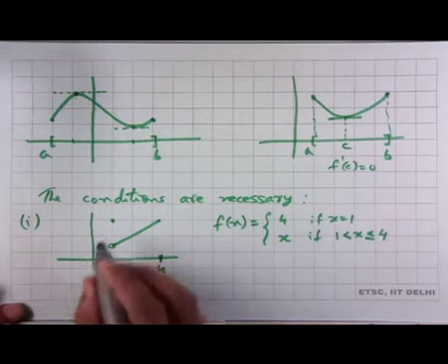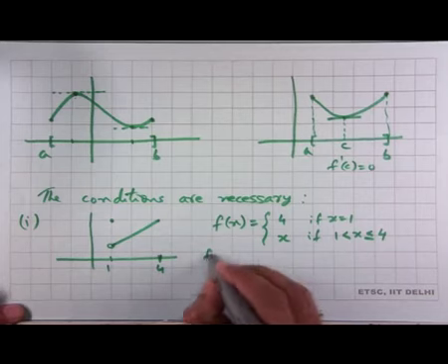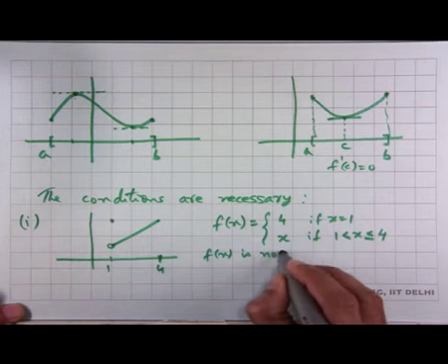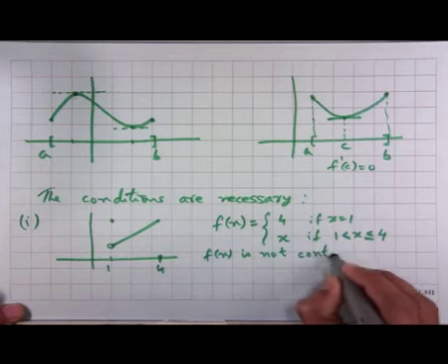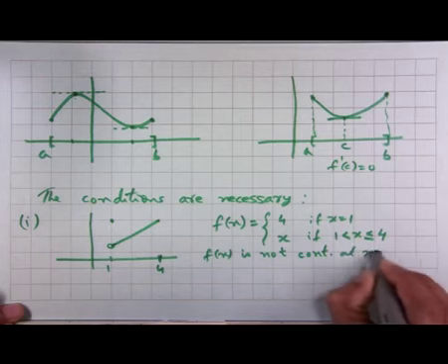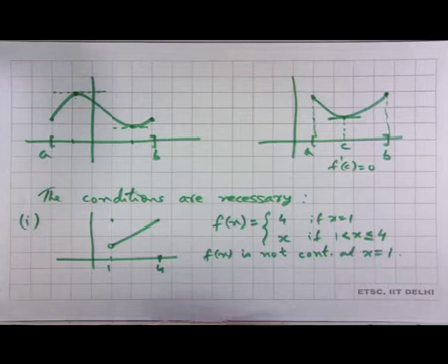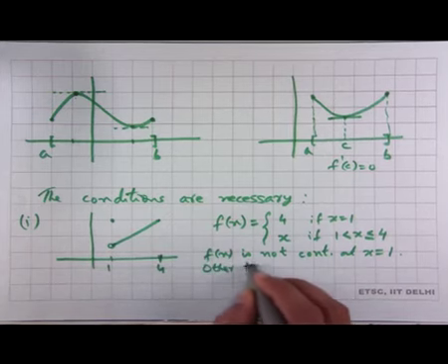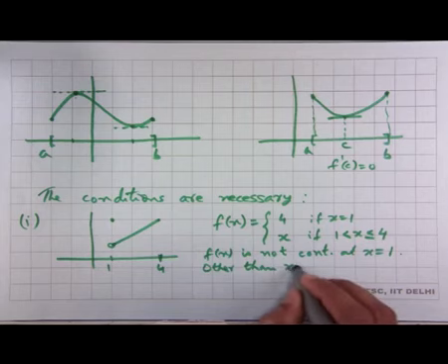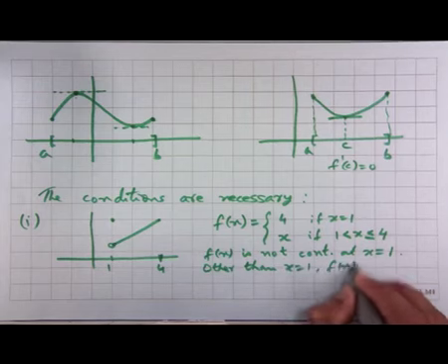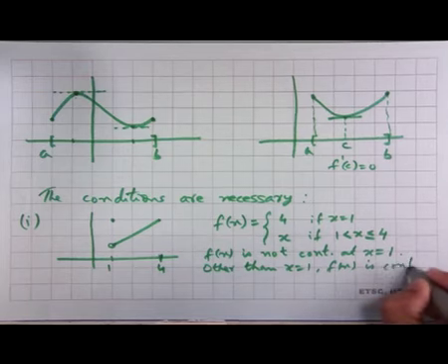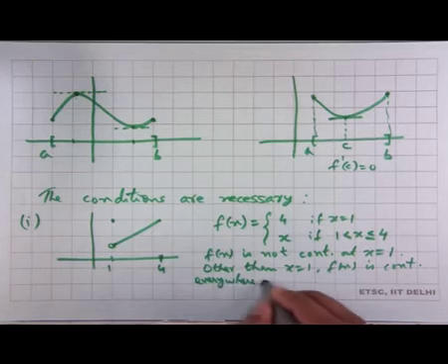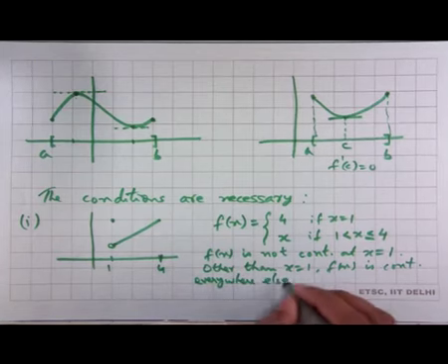So, this function f x is not continuous at x equal to 1, but other than that the function is continuous everywhere else also.